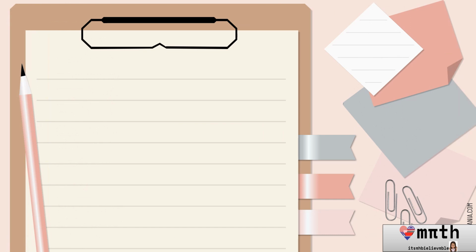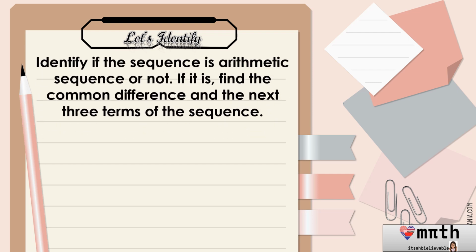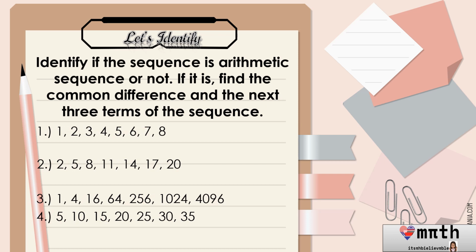Let us have a working activity. This activity is called Let's Identify. The instruction is to identify if the sequence is an arithmetic sequence or not. If it is, find the common difference and the next 3 terms of the sequence. For number 1, we have 1, 2, 3, 4, 5, 6, 7, and 8.